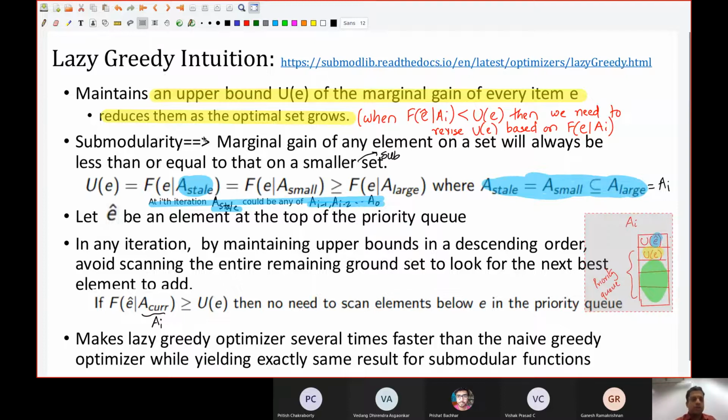So if this is the case, then there is no need to scan the other elements, the elements below E hat in the priority queue. You don't have to scan these, because you have found that UE is a good proxy for what best you could have done using E hat. And this will be my new E hat.